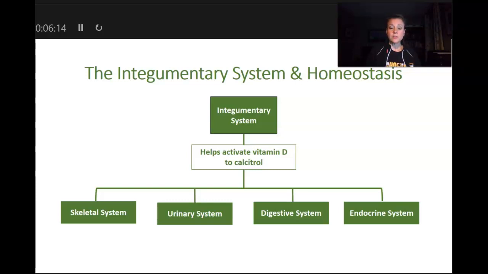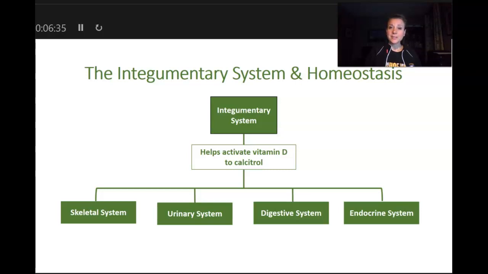Calcitriol is also going to stimulate the urinary system by directing the kidneys to reabsorb calcium into our blood. So it's going to lower the amount of calcium that is excreted in our urine.